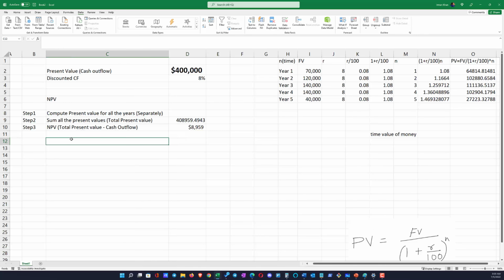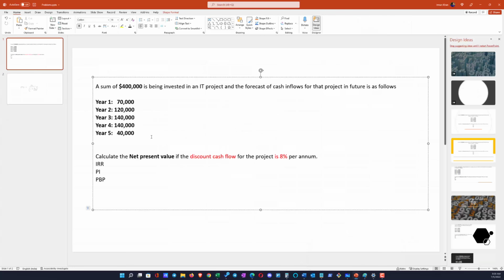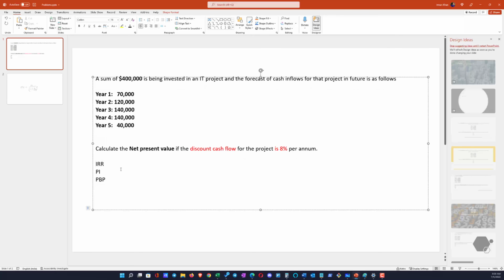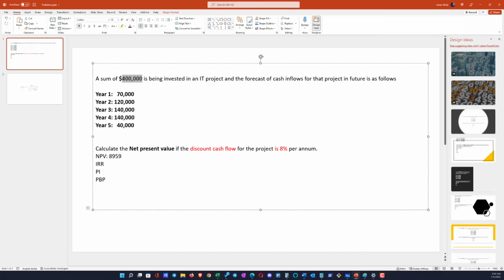So the net present value for the given problem is 8,959. So what does it say? You are spending $400,000 as of today, and the project is giving you a profit of 8,959 as of today, which means the project is profitable.